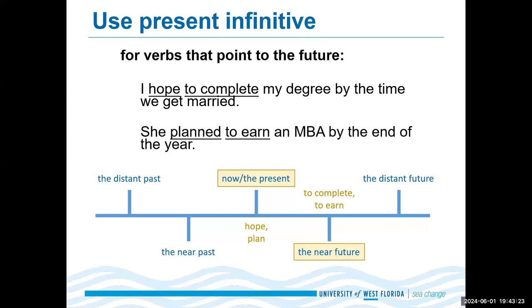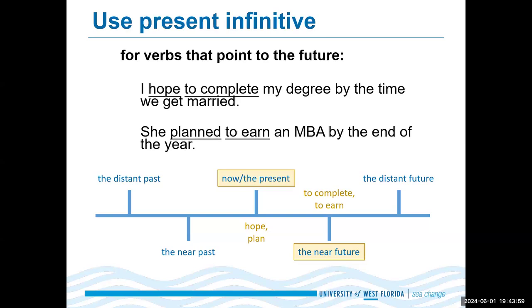Okay, for this one, she planned. Okay, that's also the near past. She planned to earn an MBA by the end of the year. So perhaps the conversation happened in the near past. That's why it was reiterated. Okay, sinabi ulit, no? So in the past form of the verb, sabi niya, parang ganon ang pagkasabi.